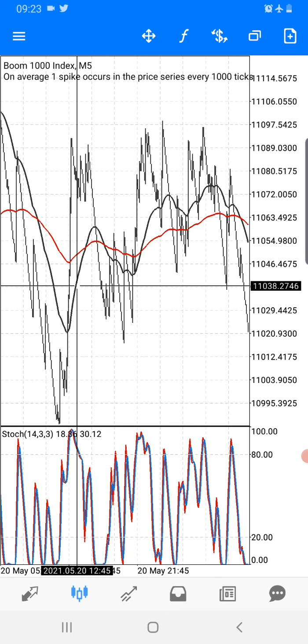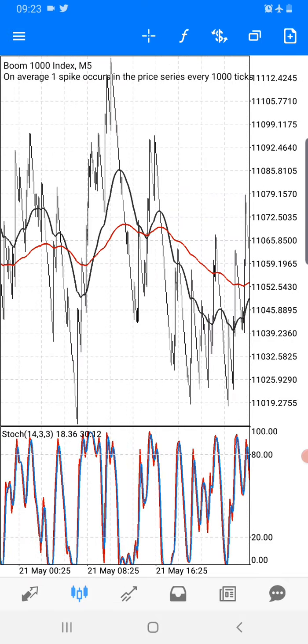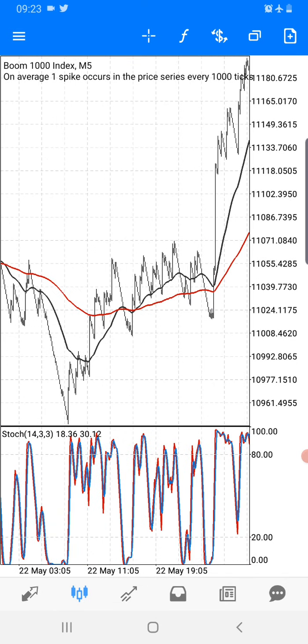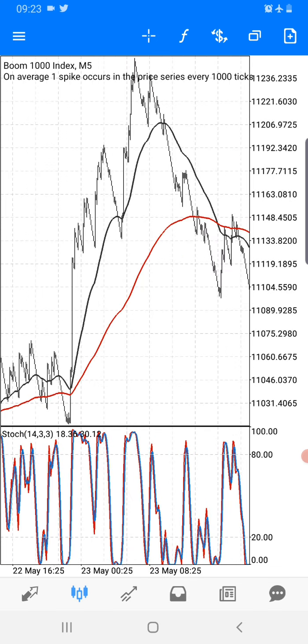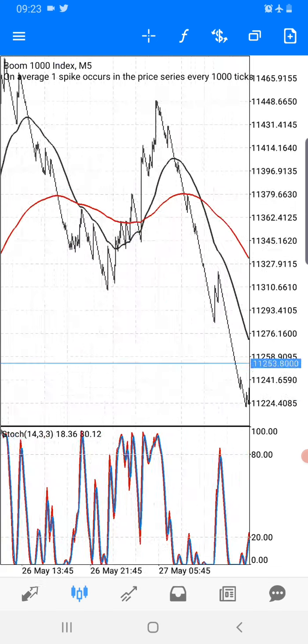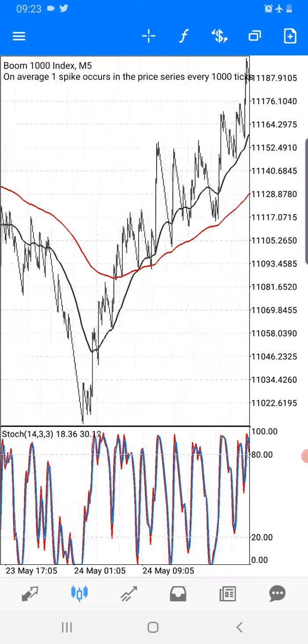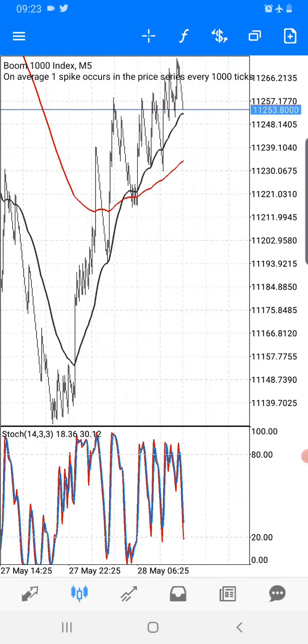That means we avoid this market, and I do whatever it wants to do. Then I will wait patiently, or if you are a scalper, you can begin to scalp as well. You can see that in all of this it's working, and I advise that you stay more with Boom 1000, but you can use other markets as well.